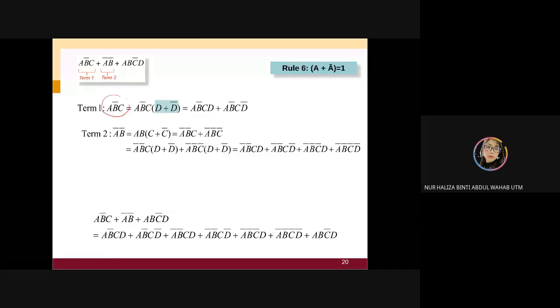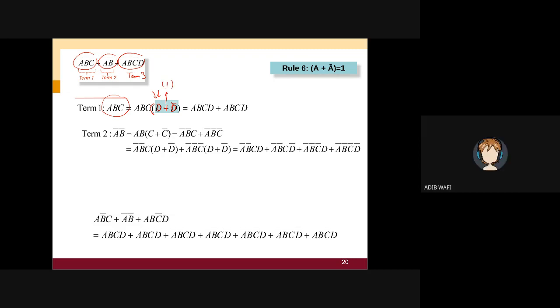This is your term 1, this is your term 2, this is your term 3. For term 1, you're going to multiply with D plus D bar. Why D? Because you are missing D. And this is equal to 1. When you multiply, you multiply this to here, and this will be here, then you will get the answer.